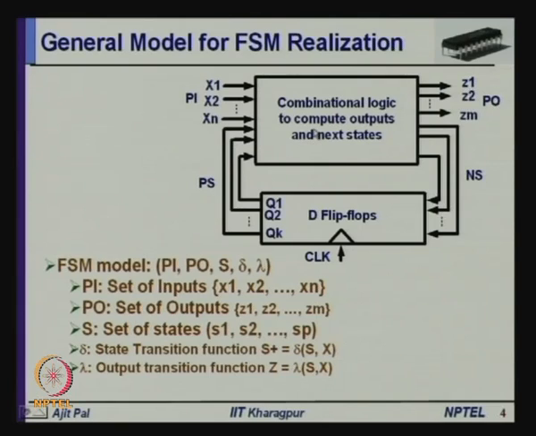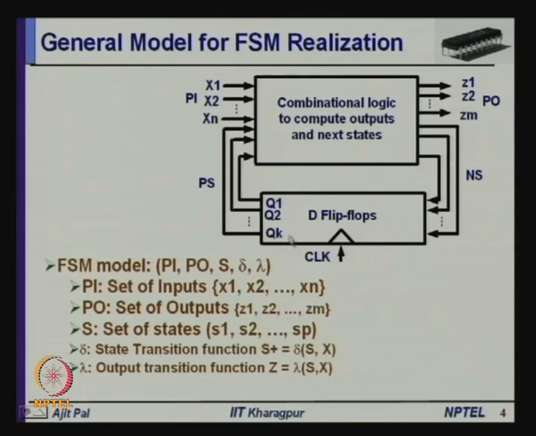And in addition to that, it will have a set of states which are represented by a set of flip flops. Here I have written D flip flops, but it is not really necessary to use D flip flops. You can use any type of flip flop, SR flip flop, JK flip flop. The only thing is that the excitation functions for these flip flops will be different, but D flip flop is the most commonly used and the simplest.